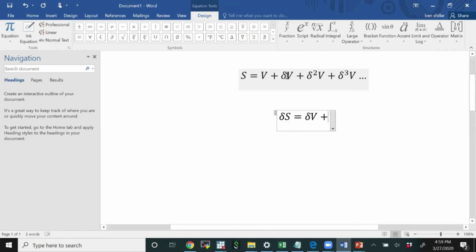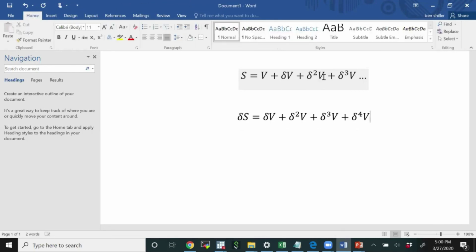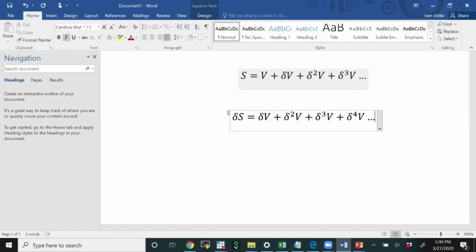So delta times delta V is equal to delta squared times V, and so on. Now this goes on forever in both of these because we've assumed it's an infinite period problem, at least so far. So you get this payment V every year for the rest of time.